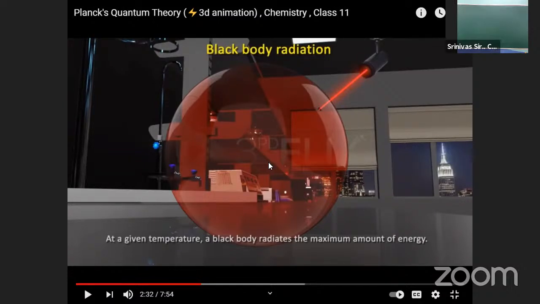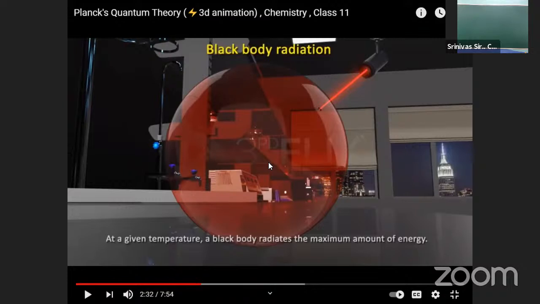See, here it means, suppose you're taking two different bodies, one is a black body, the other one is any ordinary substance. If both are heated to the same temperature, suppose the black body is heated up to 100 degrees Celsius, and the ordinary substance is also heated up to 100 degrees Celsius.